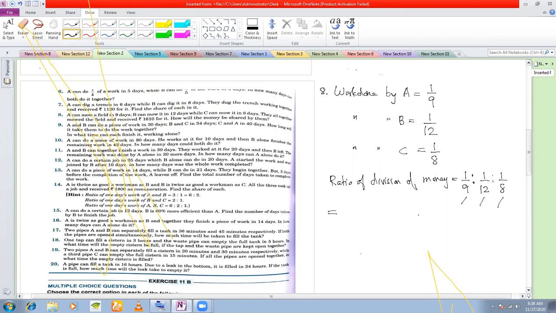You can find out the LCM. Let us work it out. Let us find out the LCM. 9, 12, and 8. 2, 9, 2, 6, 2, 4. 2, 3, 2.